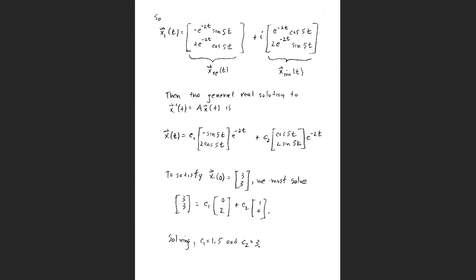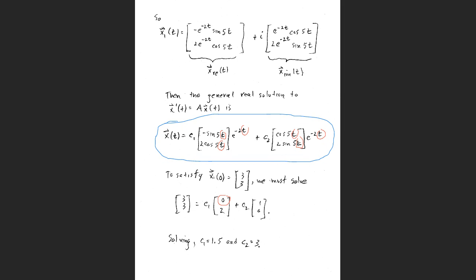For our solution here, wherever we see a t, we're going to let t equal 0. By doing so, this here is a 0 because the negative sine of 5 times 0 is negative sine of 0.